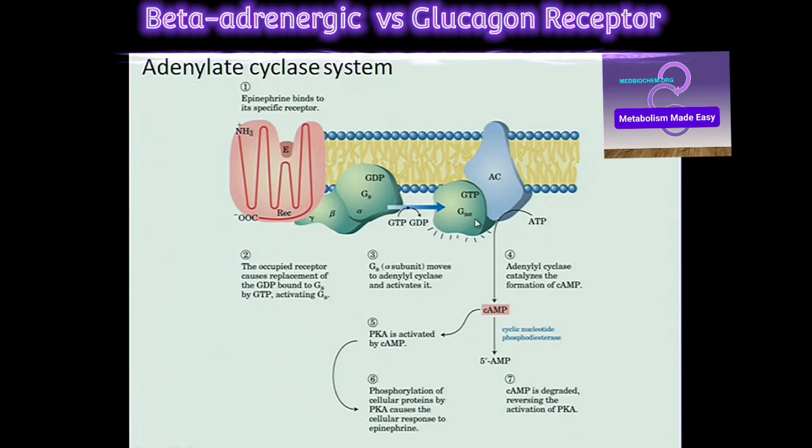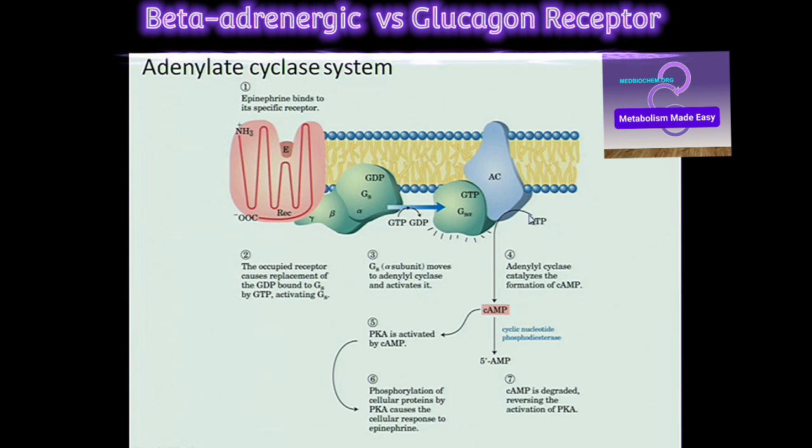So Gs-alpha with GTP bound to it is going now to bind the target enzyme or effector enzyme I mentioned before, adenylate cyclase. Adenylate cyclase is going to take ATP. You notice that adenylate cyclase is part of the membrane, but whatever it produces is going to be produced inside the cytoplasm.